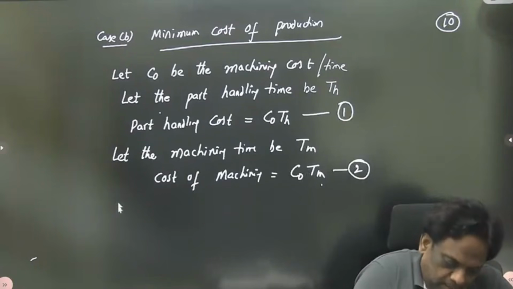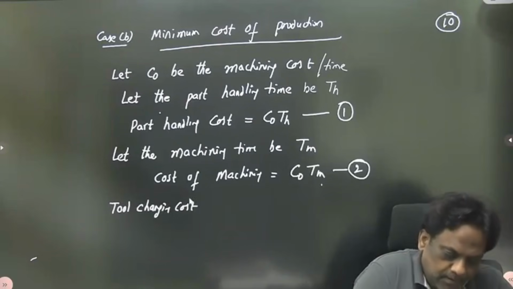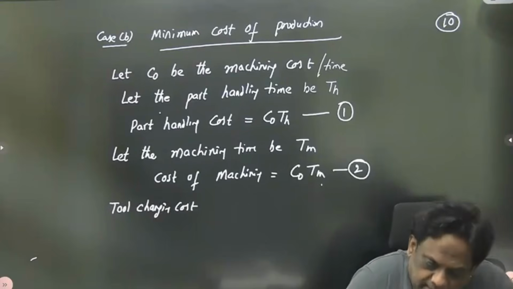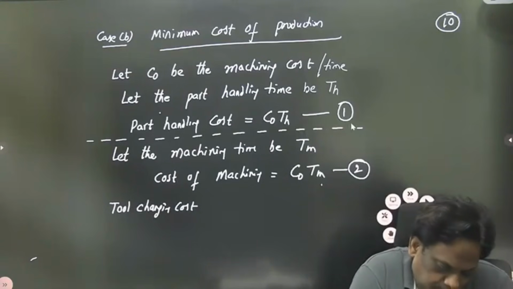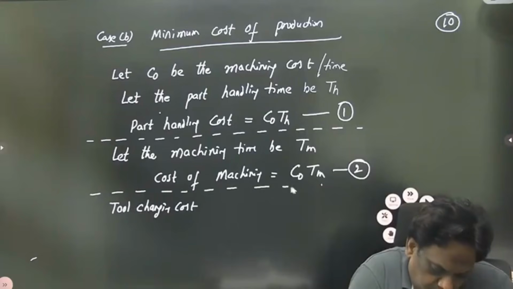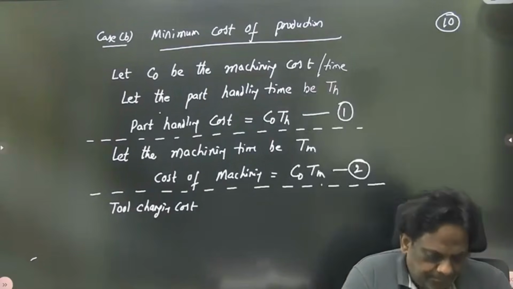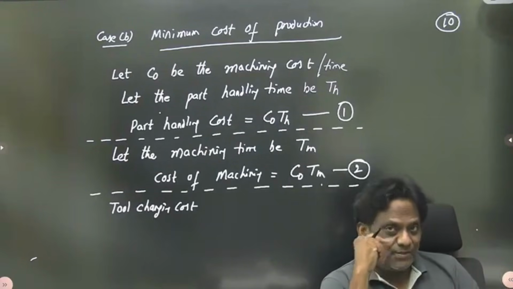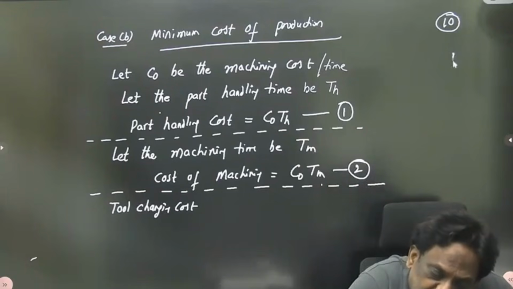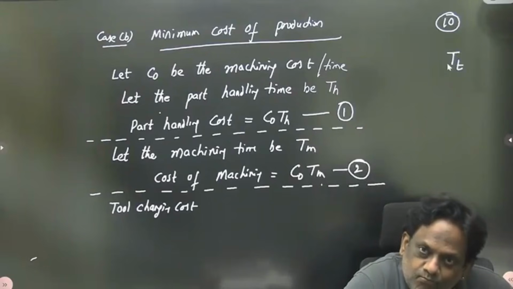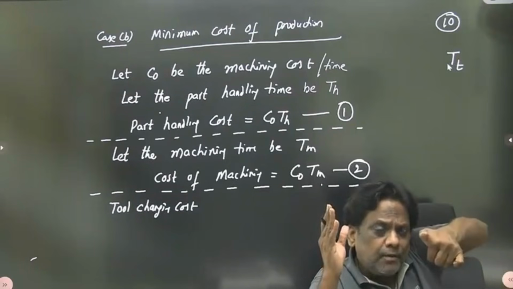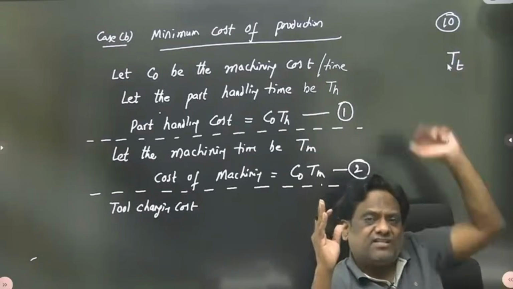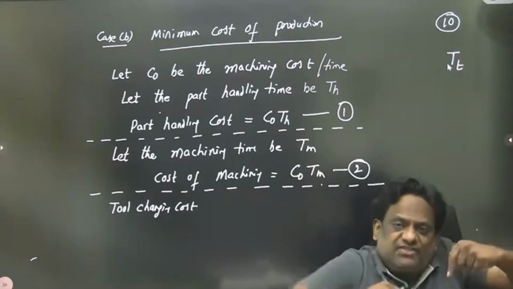Third, tool changing cost. This is machining cost. Tool changing cost, listen carefully. The tool changing time is tt, but always remember, when you are changing the tool, already before that some components are manufactured, but I want tool changing per piece.